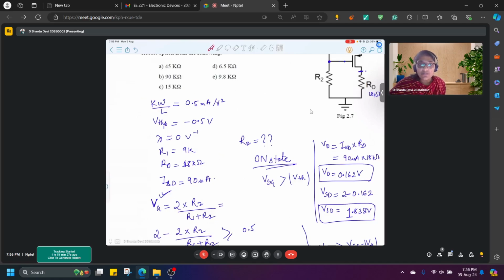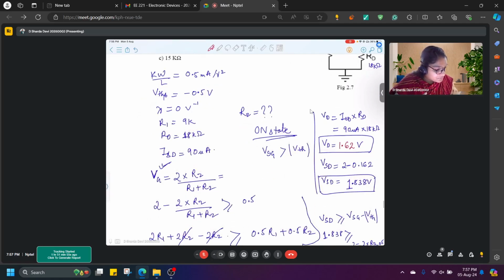VD 1.6 का है, 0.162 है. 1.62 मैम. माइक्रो, यहाँ पे माइक्रो एम्पियर है ना, 90 माइक्रो. हाँ तो ठीक है मैम. ओके, तो 1.62 आ रहा है मैम. हाँ 90 था ना, इसके लिए तो 1620 आ रहा था ना. यस मैम. यस मैम. राइट है.